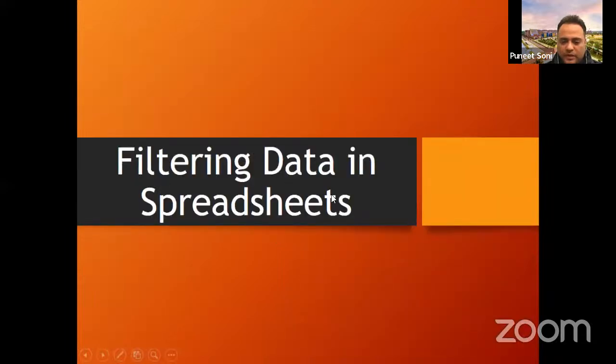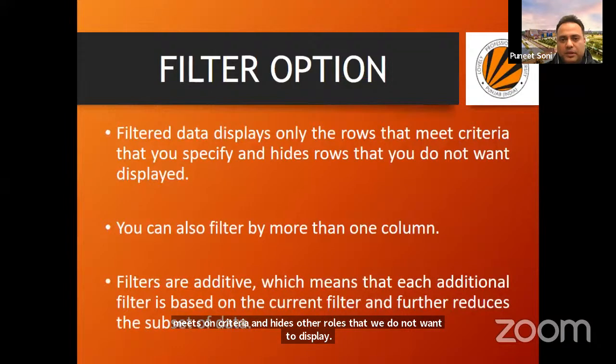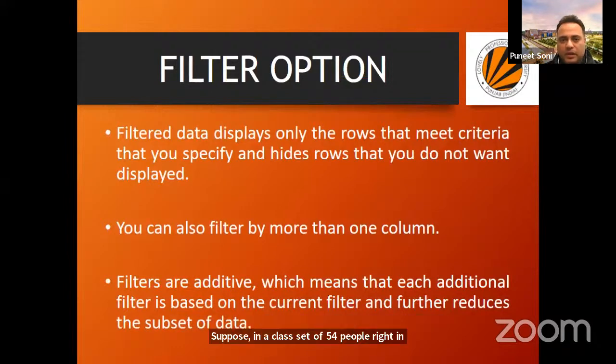So coming to the filtering of data in the spreadsheets. Filtering of data displays only the rows which meet our criteria and hides other rows that we do not want to display. Suppose in a class set of 50 people, I need the students' names who have scored more than 80% marks.